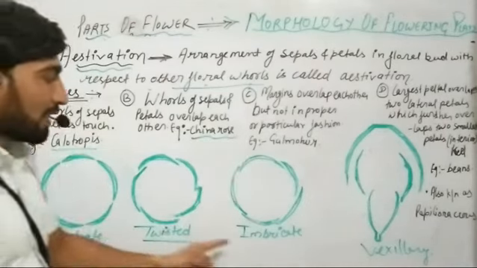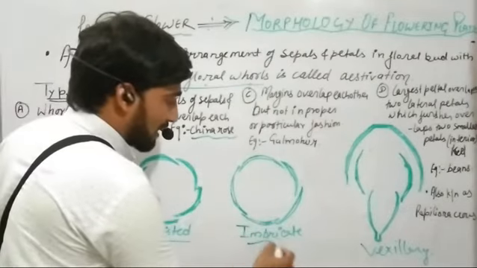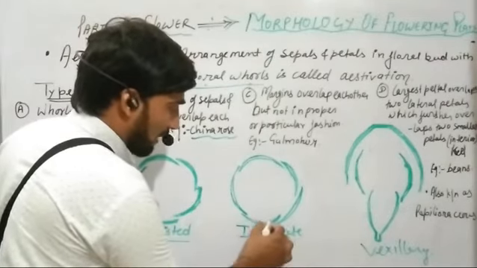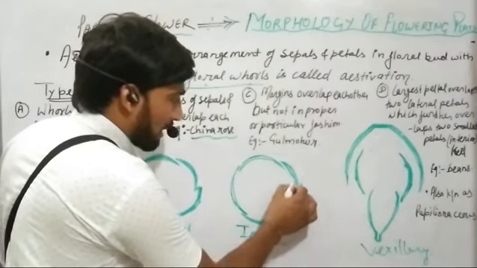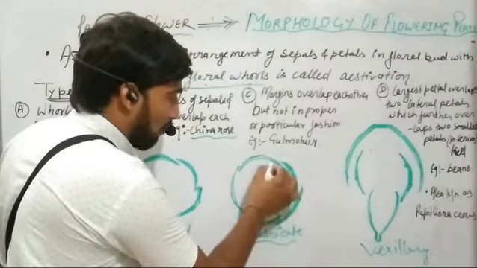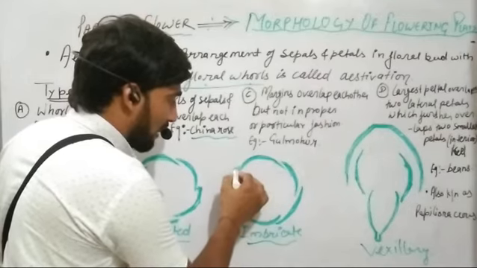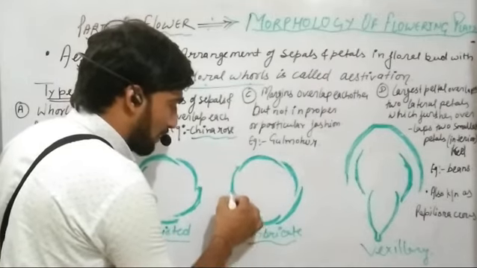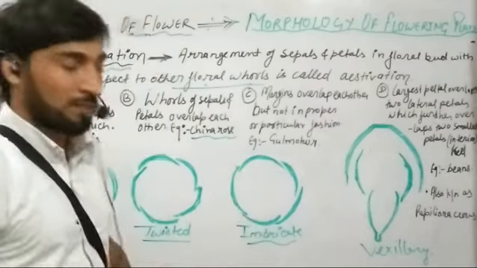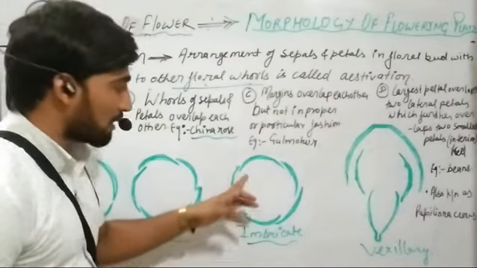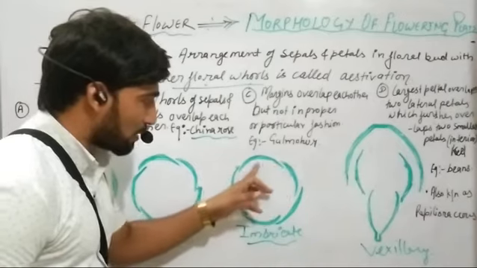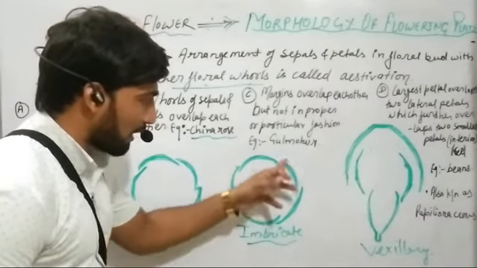Now, the third type is the imbricate estivation. In this type of estivation, the sepals and petals overlap each other, but the overlapping is not in a particular fashion, as this petal is overlapped from both ends.